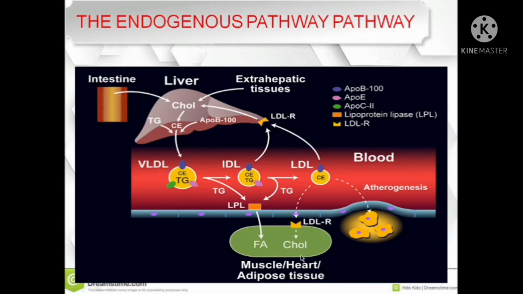Once the core is depleted, LCAT will come in. Lecithin cholesterol acyltransferase will esterify the free cholesterol from tissues, and then CETP will come in to transport it into the core.